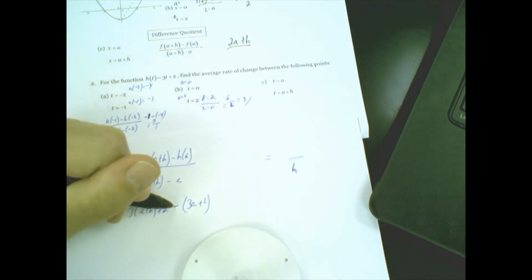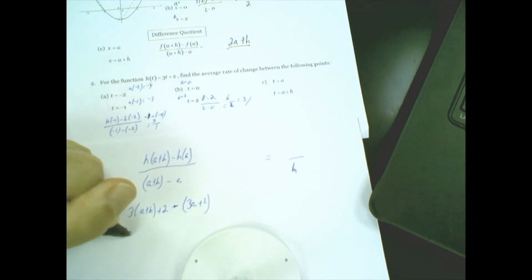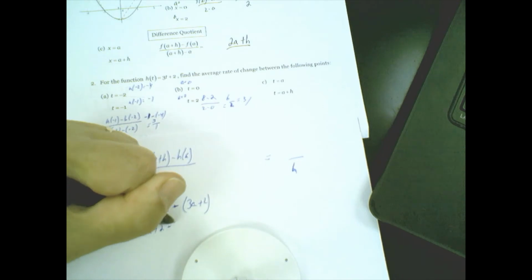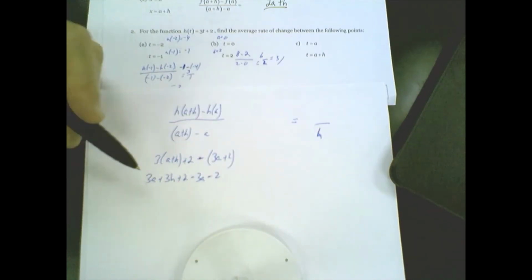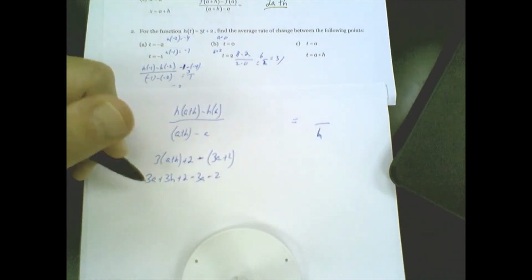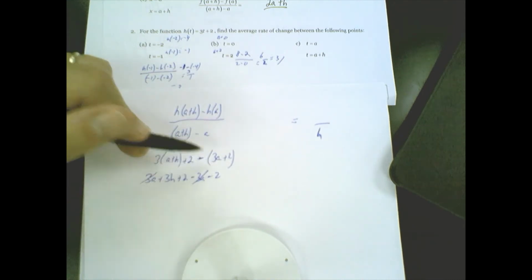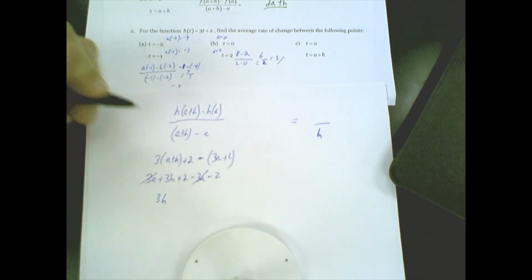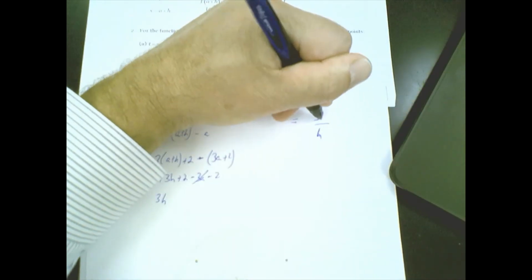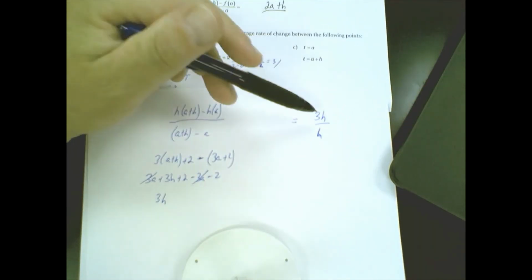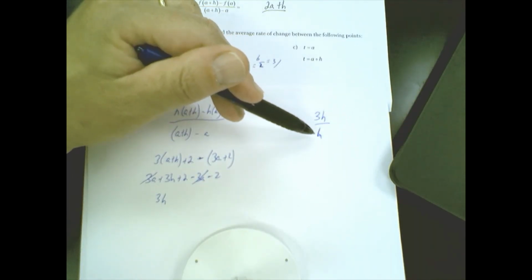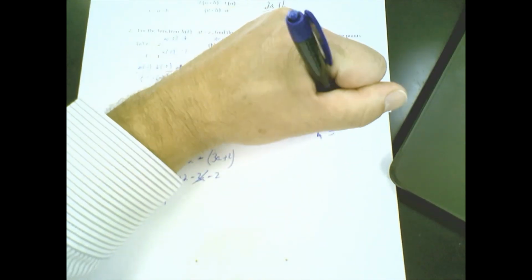That's my net change. 3a plus 3h plus 2 minus 3a minus 2. What happens here? Again, I'm just working with my numerator, what we would call our net change. The 3a goes away, plus 2 minus 2 goes away, and I'm going to be left with nothing more than 3h. Net change, change in y, change in x, 3h over h is nothing more than 3.